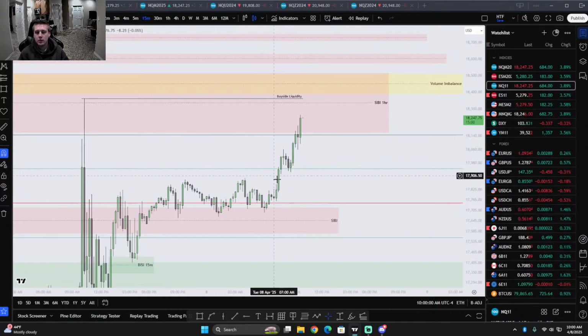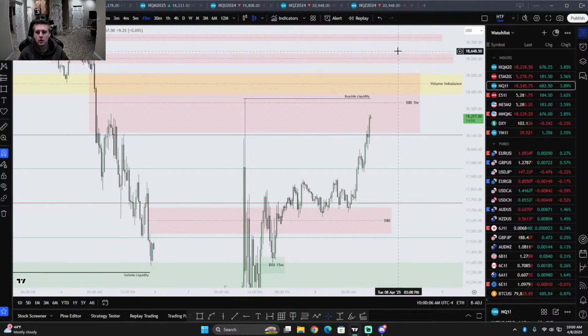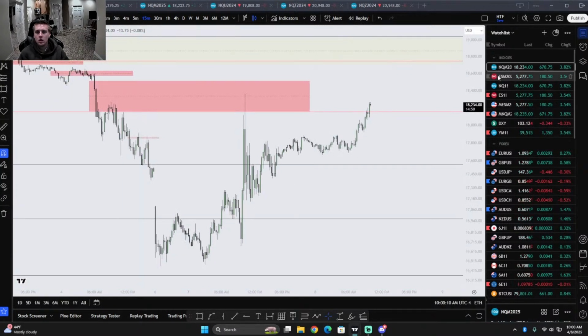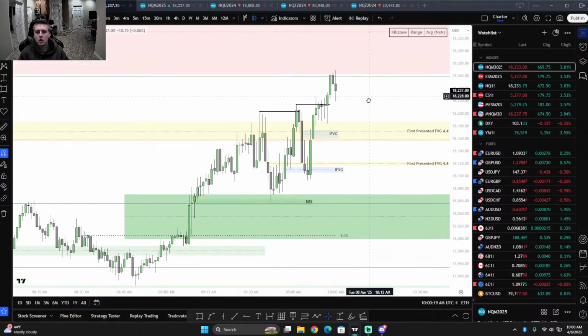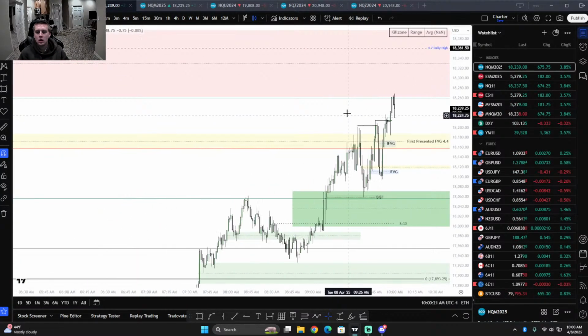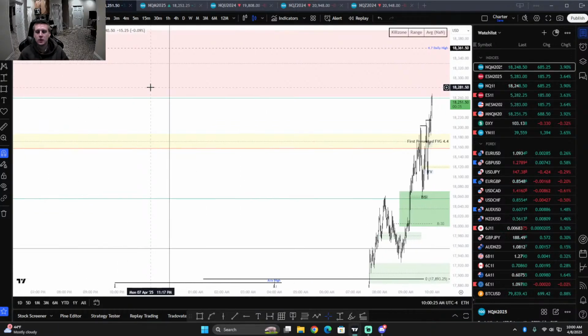Leaving this as a breakaway gap. Still want to see expansion here. 75% of this wick on the 15-minute chart.